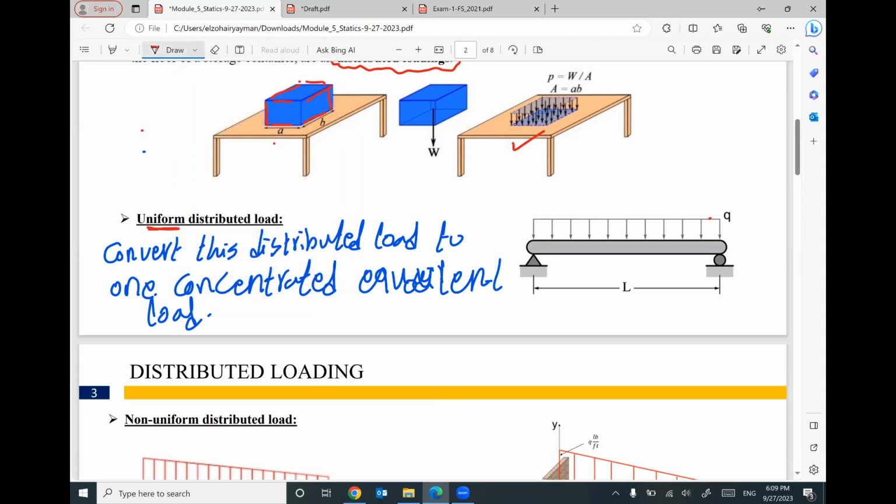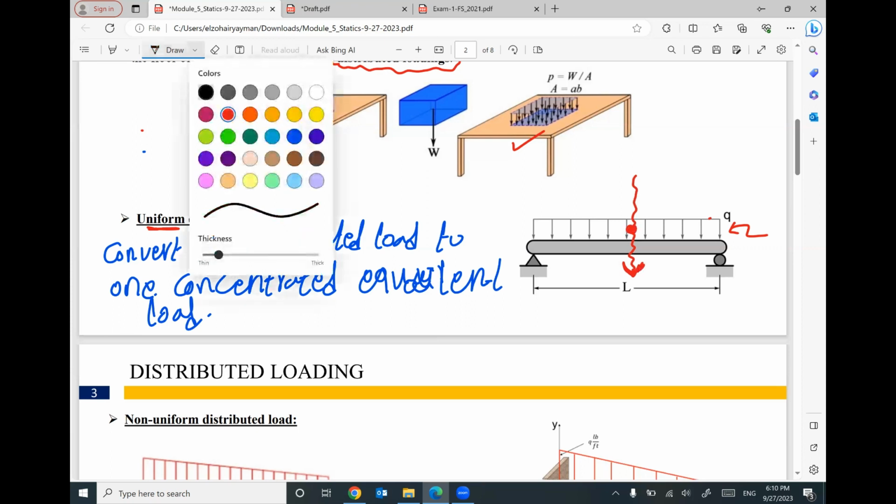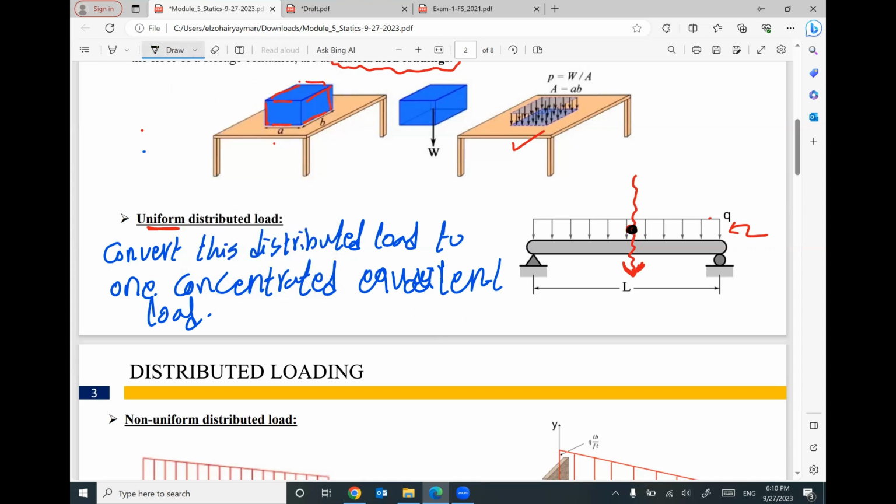If you have uniform distributed load, looks like a rectangle. This shape is a rectangle. So I can convert it to equivalent. Looks like this. At the midpoint. Why the midpoint? Because the midpoint is the centroid of your rectangle.